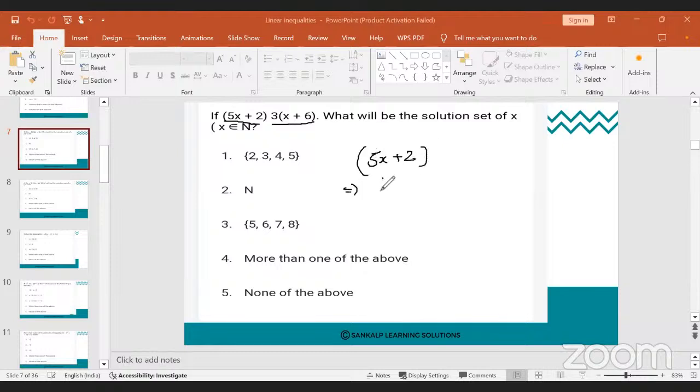You can write it as 8x minus 5x is greater than 2 plus 1. So after resolving this, 3x is greater than 3. Okay?